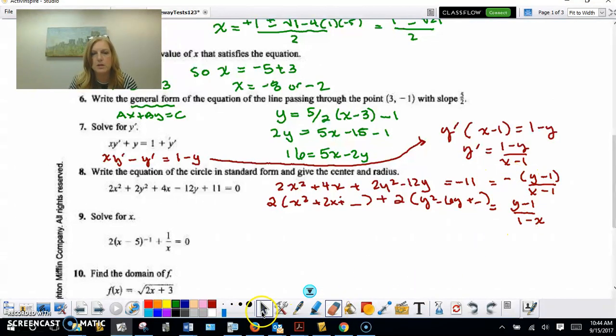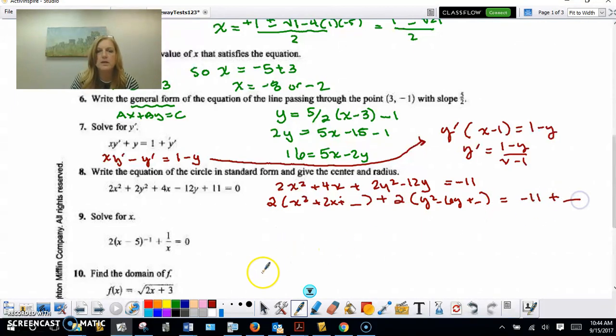Now that we've seen these, I'm going to go ahead and erase them so that I have more room. Okay, so we have this equals my negative 11 plus blank. Then we complete the square, so you take half and square it, and then recognize that you're actually adding 2 to that side, and then take half and then square it, and what you're actually adding is 18 to that side.